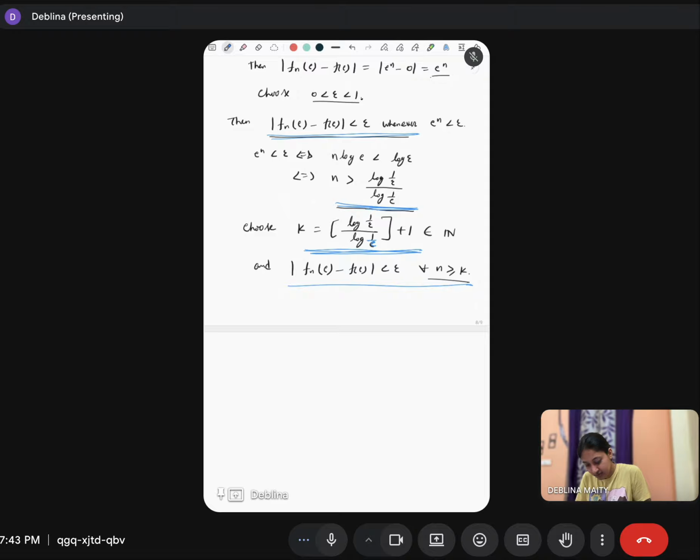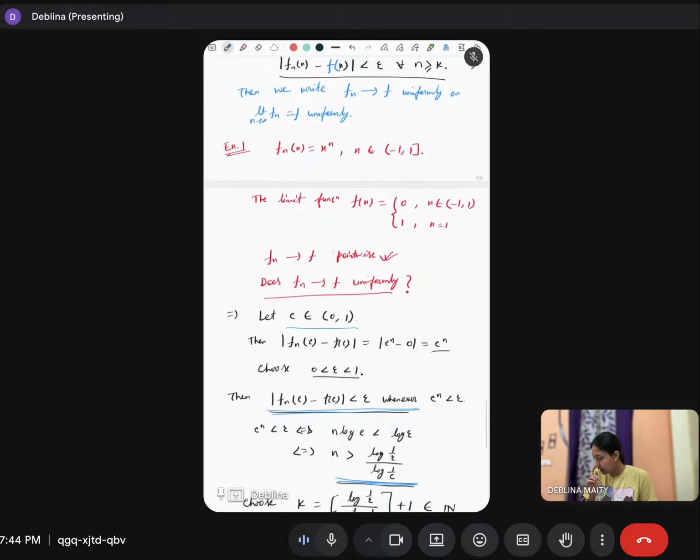This means this k depends upon epsilon as well as c, the point. Now we have seen this in (0, 1).